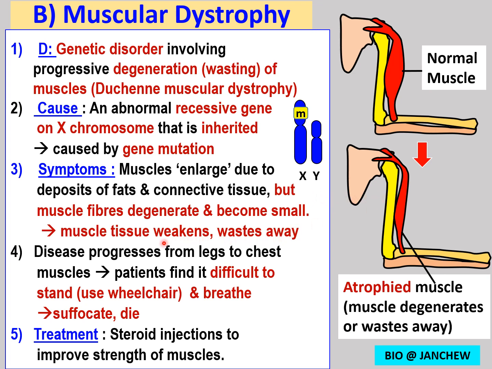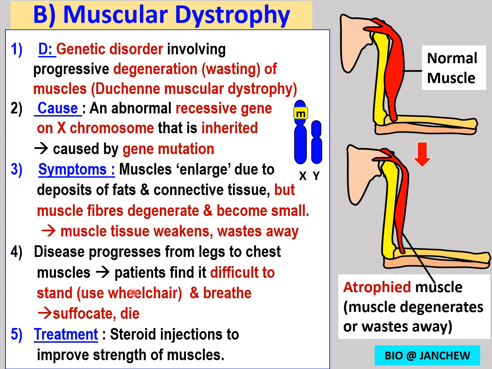Okay, so the disease progresses from legs to chest muscles, meaning that it starts off from the muscles of the legs, and then the chest muscles will become weaker and weaker after that, from the bottom to the upper parts of the body. Then patients will at first find it difficult to stand and later on even to breathe. Can you tell me the name of the muscle involved in the breathing mechanism?